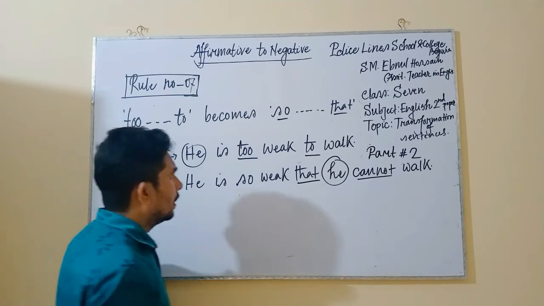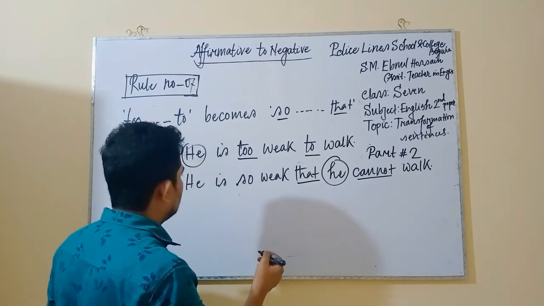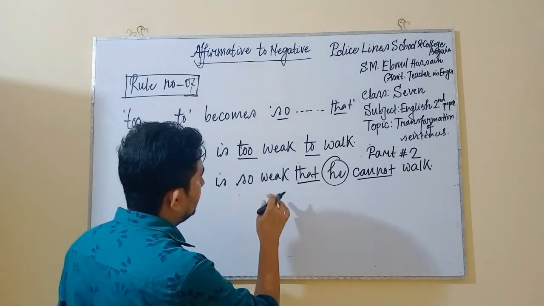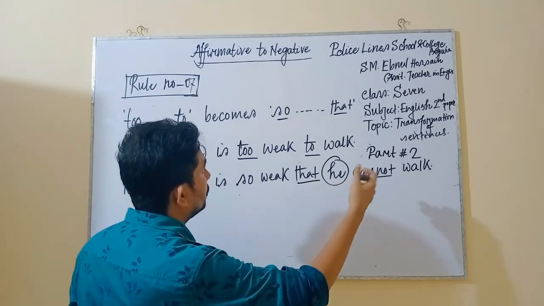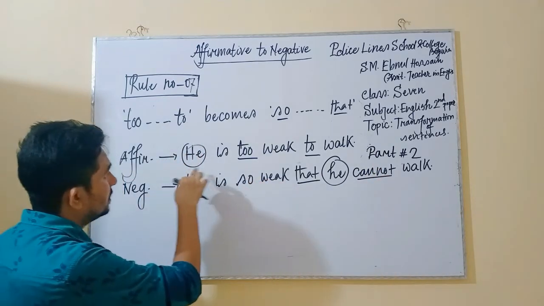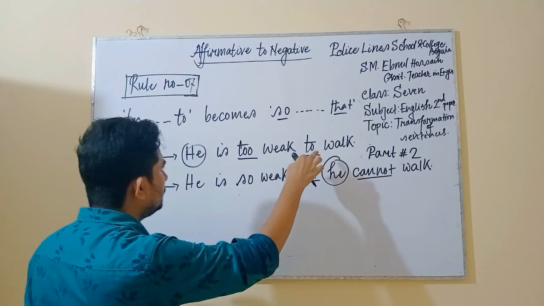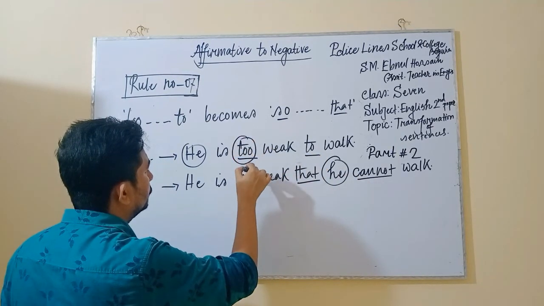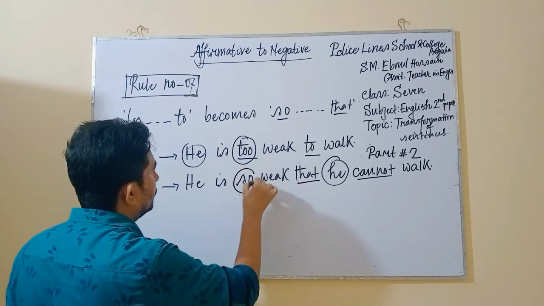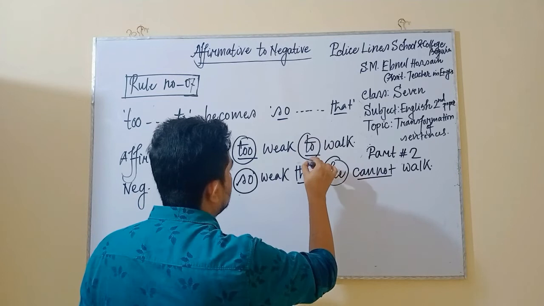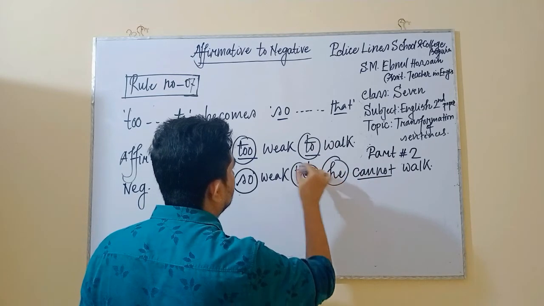So the negative sentence is: he is so weak that he cannot walk. So this is the negative of the affirmative sentence, he is too weak to walk. In place of the word "too", we can use "so... that" instead.